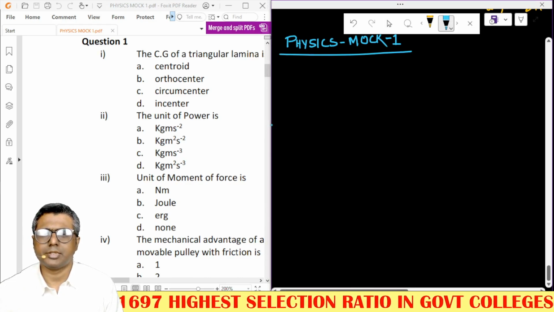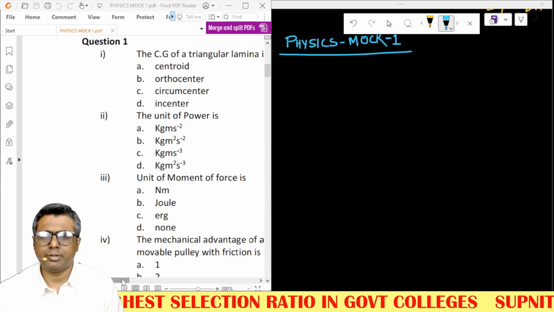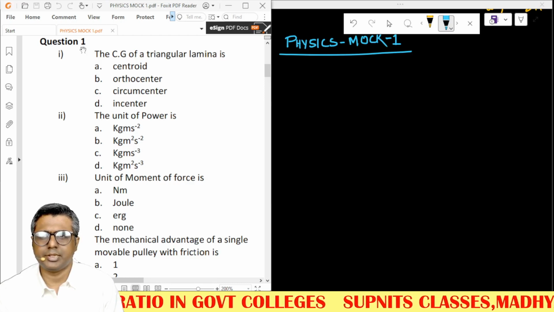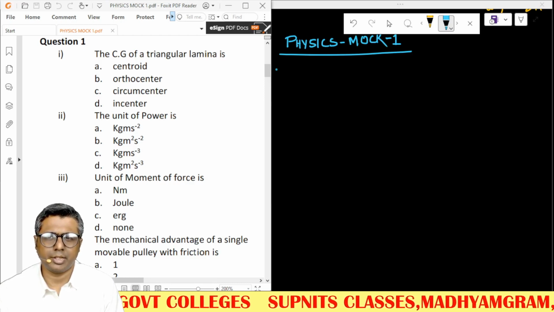If you see this, the CG of a triangular lamina is the centroid. Yes, this is a pretty easy question. There is nothing much to say about it.